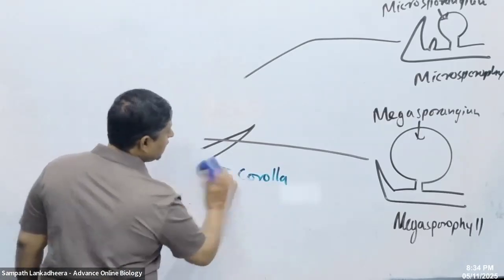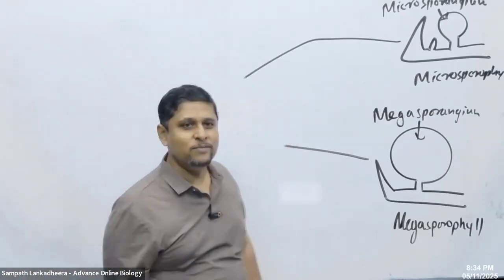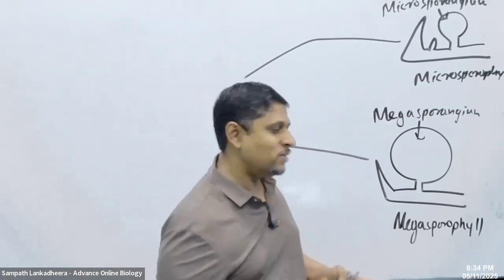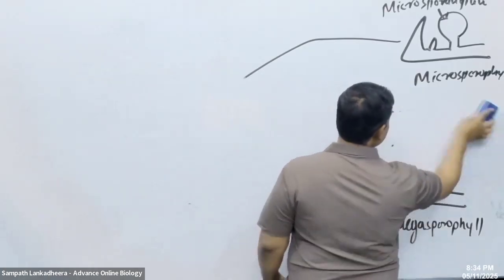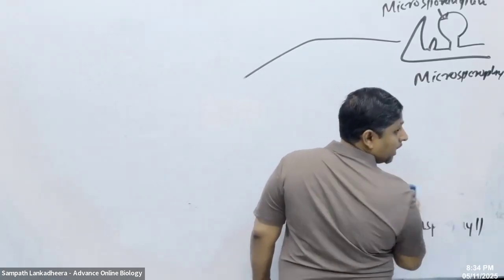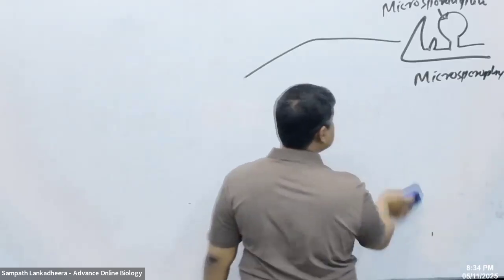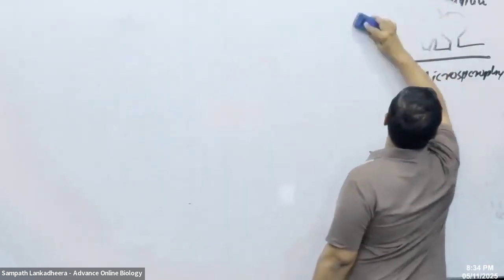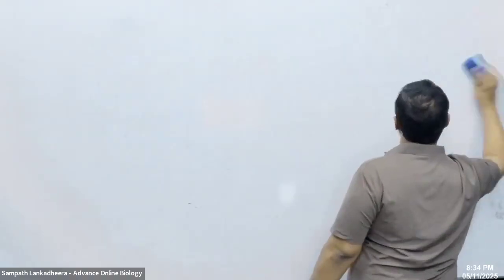You know unisexuality, I don't have to describe that. Self-infertility means that when pollen falls on the same flower, it does not pollinate. But what is heterostyly?